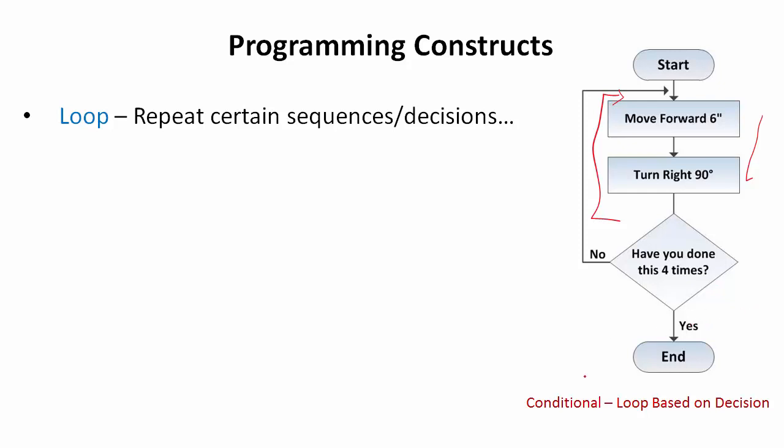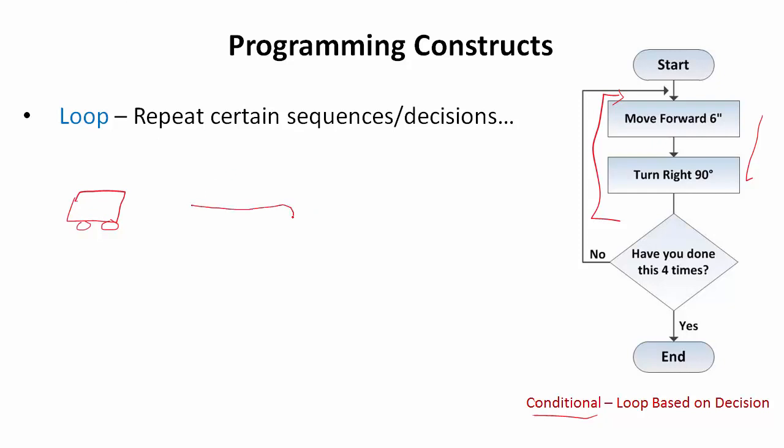So what does this do? This is a conditional loop, meaning that it'll only loop based on a condition. So if our robot's over here, our sequence is really the same thing. It's talking about moving forward 6 inches, turn right. Now I'm sitting here, and I've only done that 1 time. Okay, let me erase that really quick. So I turn right, and now I'm going to repeat it again because I haven't done it 4 times.